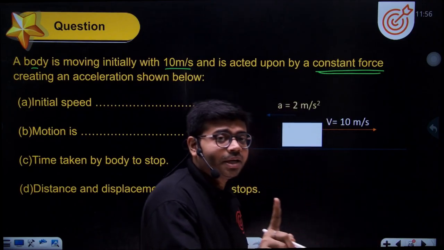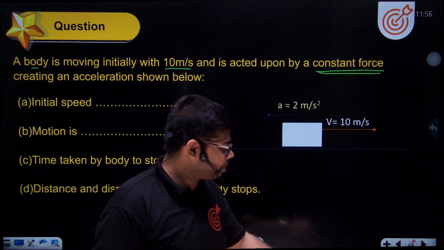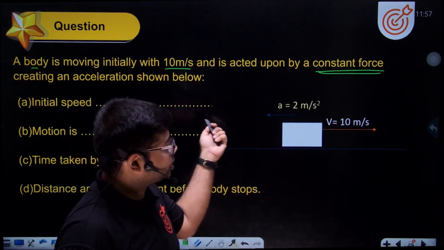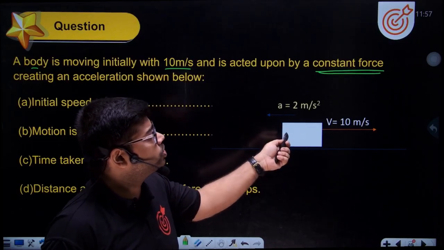But here there is a fundamental difference between the sum that we did previously versus this sum. Here you see the direction of the acceleration is just in the opposite direction.